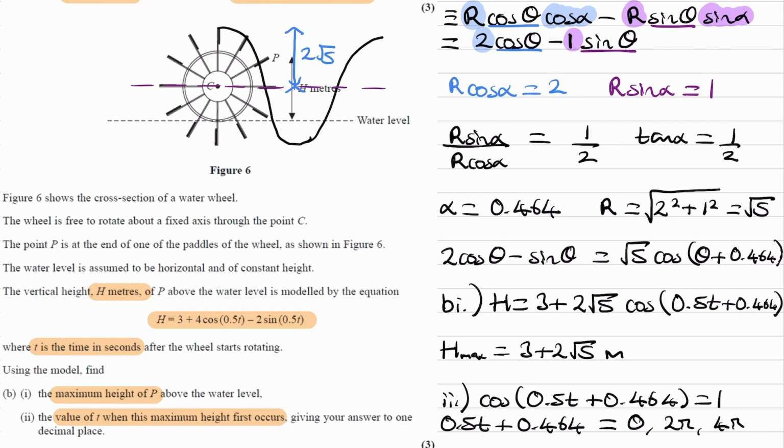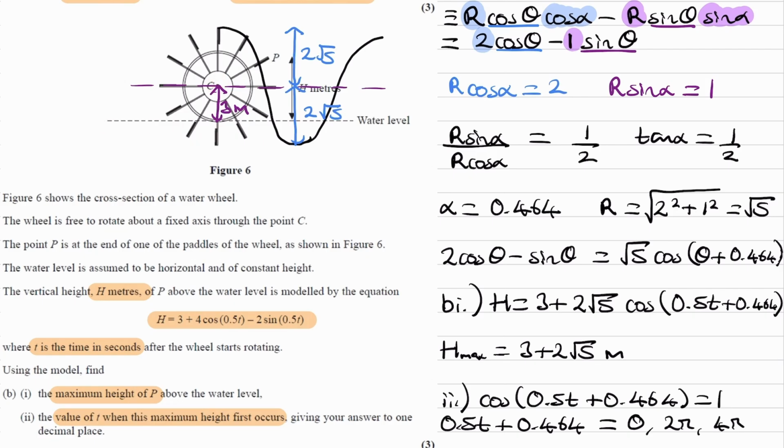This distance from the central point to the bottom of the wheel is also 2 root 5. And this central line that we have has been shifted up 3 places. So basically, this distance here is 3 meters. So the 3 meters represents the distance that the center of the wheel is above that water level.